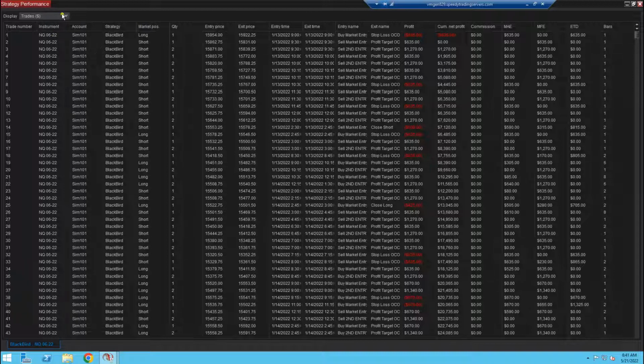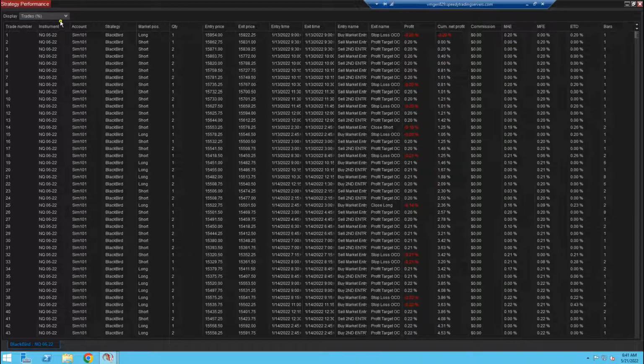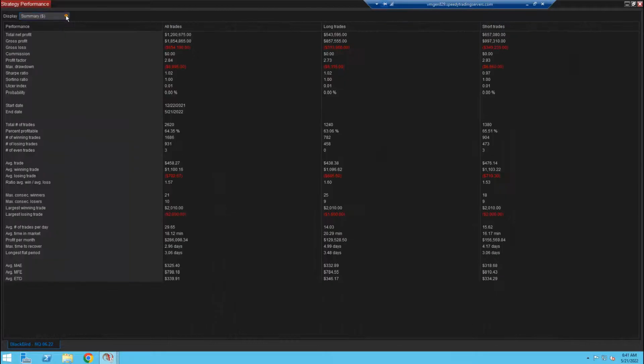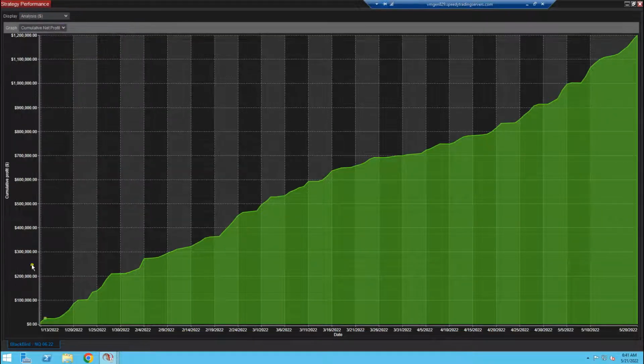You can look at the points and percents. This NinjaTrader platform's pretty amazing. Oh yeah, you can get your outliers.